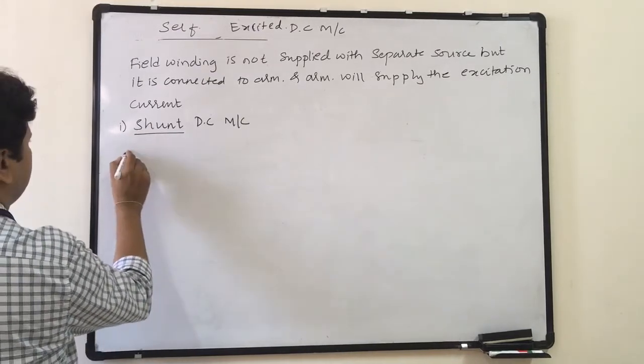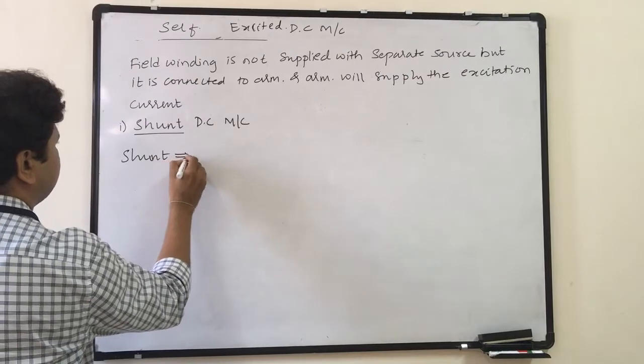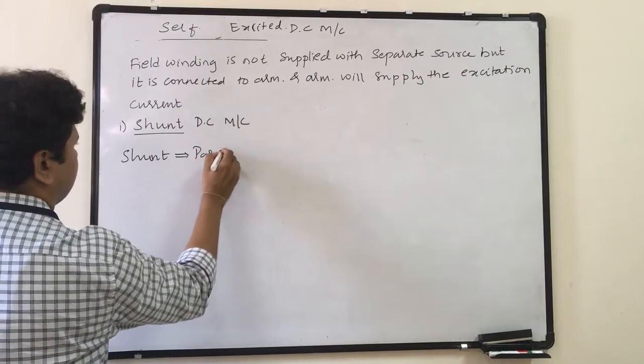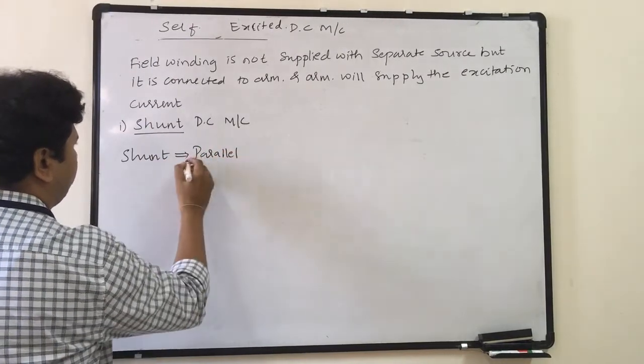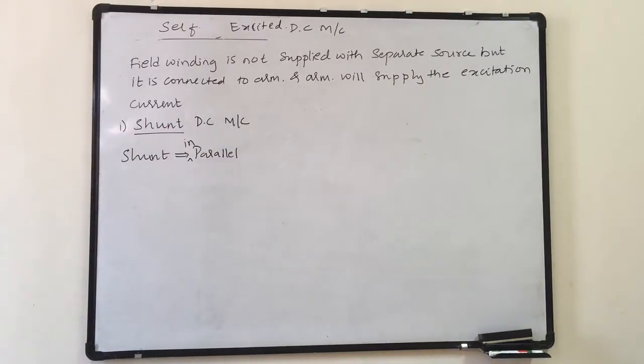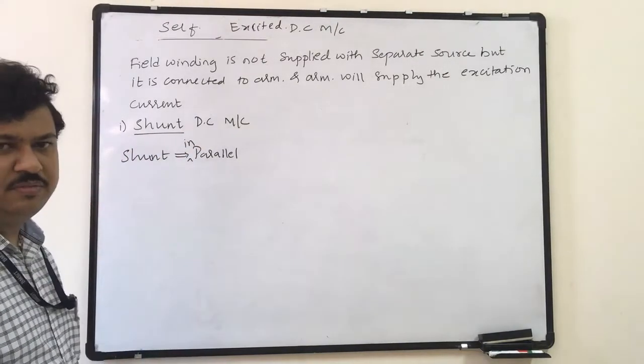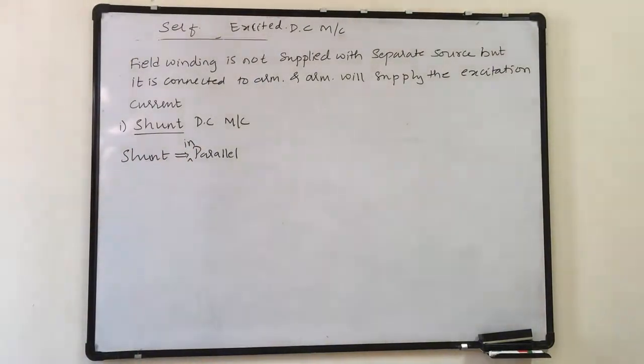Shunt means parallel. So a shunt connected DC machine means the field winding is connected in parallel with the armature. That is called a shunt field machine.